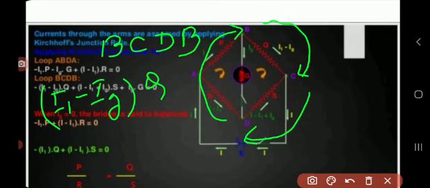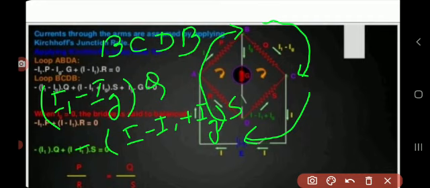Again we move from C to D, but the direction of the current is opposite, so it is taken minus. So minus (I minus I1 plus Ig) into S. Again we move from D to B, and it is opposite to the direction of the current, so it is taken minus. So minus IgG equals 0.